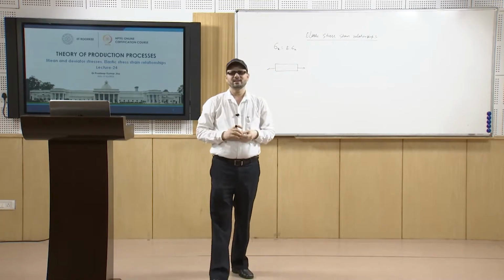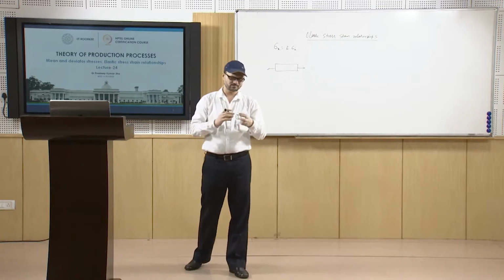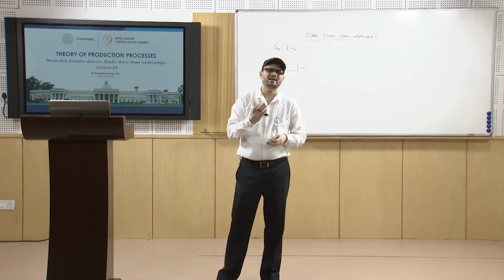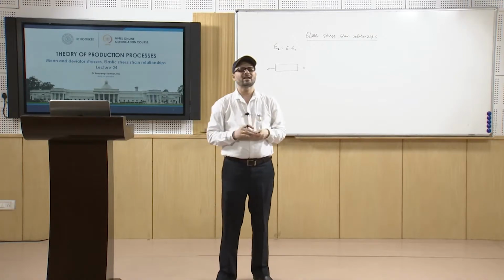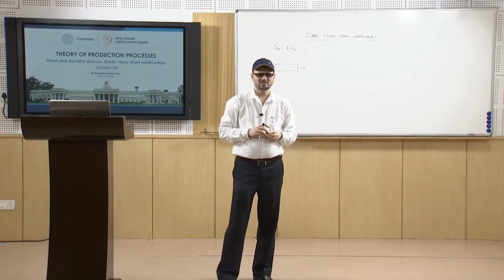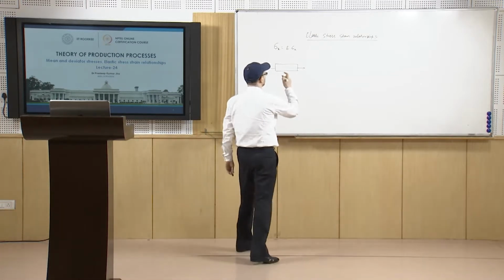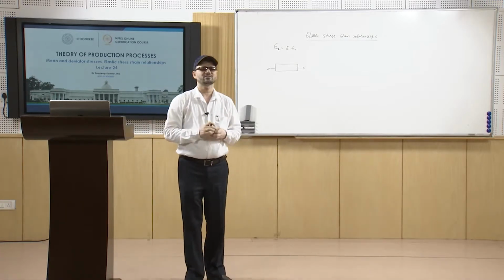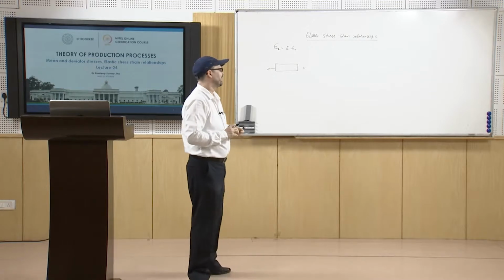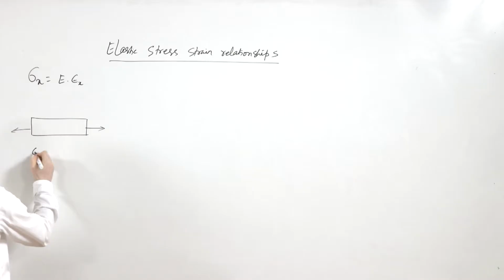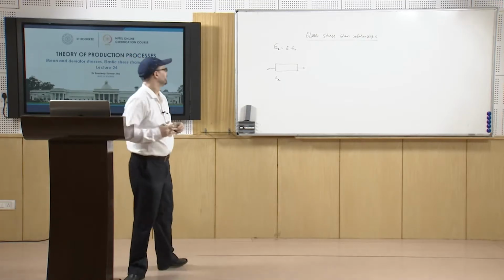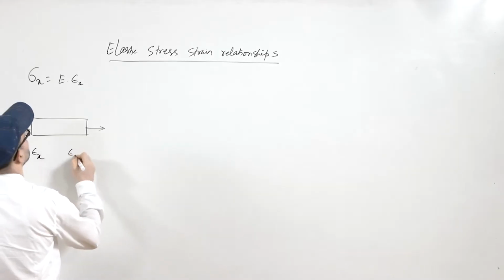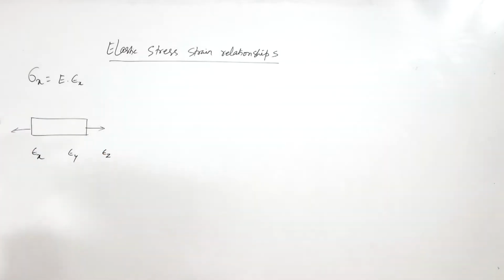Okay? It was seen that the ratio of the strains in the two directions to the strain in the longitudinal direction is normally a constant. Suppose you are giving tensile loading in the x direction, and epsilon x is the strain in that direction, and epsilon y and epsilon z are the strains in the other two directions.